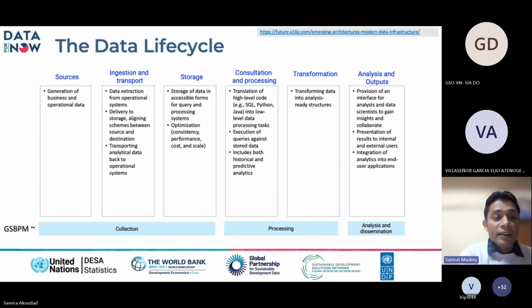After these three processes, the data transformation and processing belongs to the GSBPM processing stage. And the last one is analytics, at the dissemination stage. I'll try to explain them with a sample example in the next slide. Next slide, please.